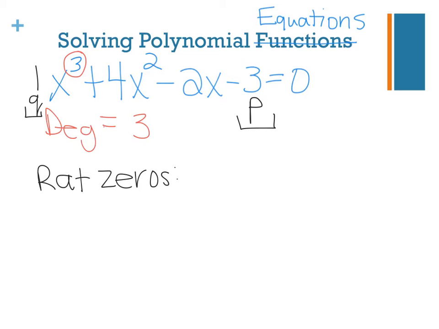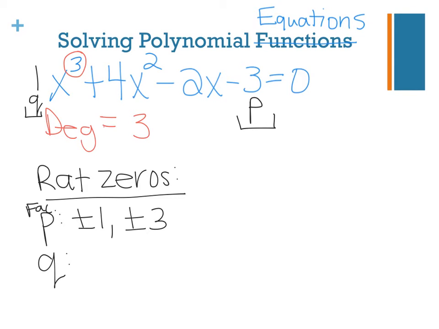So I know that our rational zeros are the factors of p, which are plus or minus 1 and plus or minus 3. And the factors of q, because our lead coefficient is 1, is just plus or minus 1. Now, to find the rational zeros, I divide every p by every q.